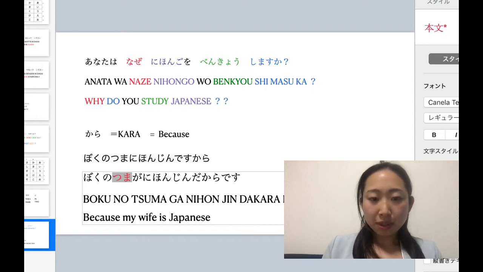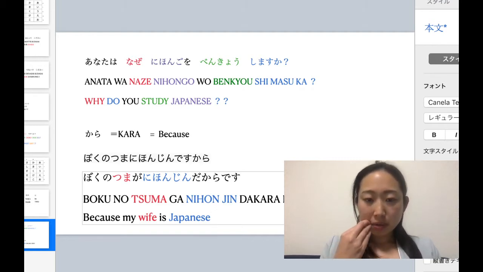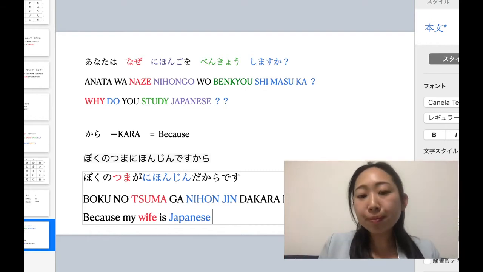So this is maybe a new word for you. 妻 is wife. Okay. 日本人. Japanese. So, maybe you realize that when we talk about the language, Japanese, we say 日本語.